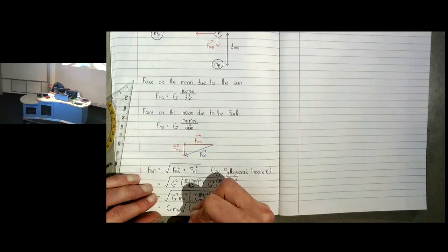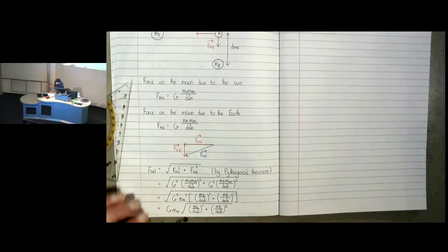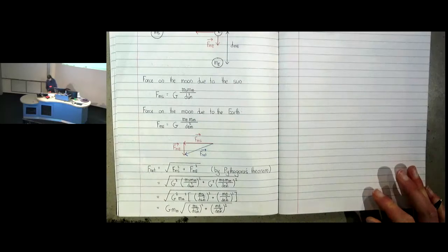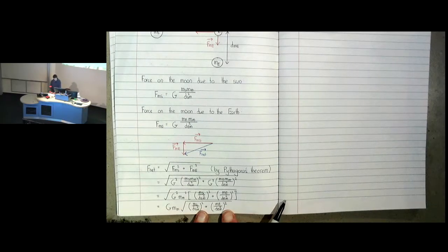So we'll be left with this instead. So now we can go ahead and put some numbers in, but that's going to be fairly straightforward. We're given all those numbers, so we can just do that if we want to.